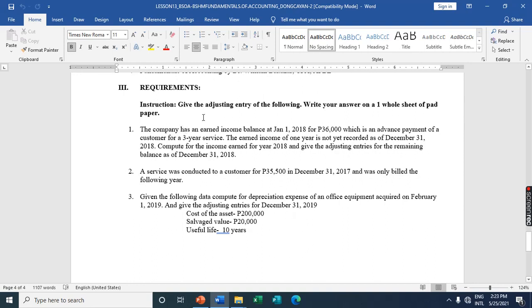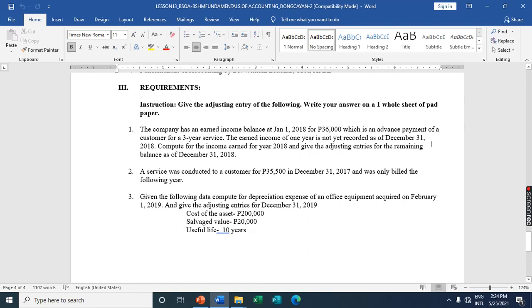Okay, instruction, give the adjusting entry of the following. Write your answer on one whole sheet of pad paper, okay? So, number 1, the company has earned income balance January 1, 2018 for 36,000, which is an advance payment of a customer for a 3-year service. The earned income of 1 year is not yet recorded as of December 31, 2018.